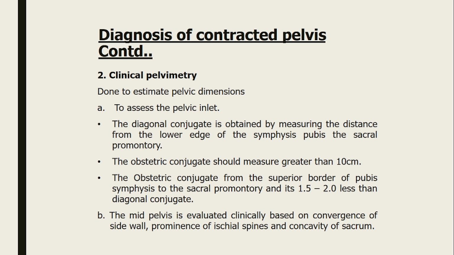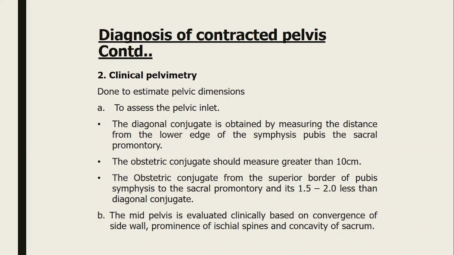But most of the time, you can only get this information from X-ray pelvimetry, because there's no way you can measure that clinically from the superior border of the pelvic symphysis to the sacral promontory.